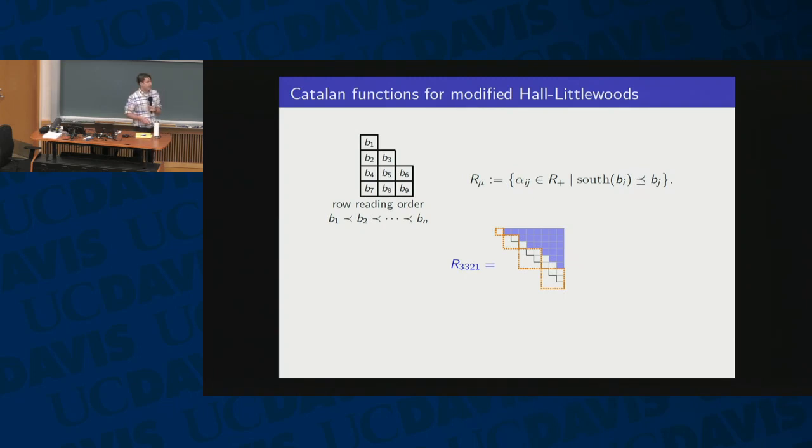And we can define what I call a staircase parabolic root ideal by just imposing this, this is the formal definition. You go to a box, and then you look at the box to its south, and then you take everything where your b_j have to be greater than or equal to this.